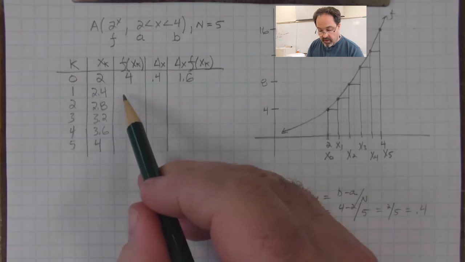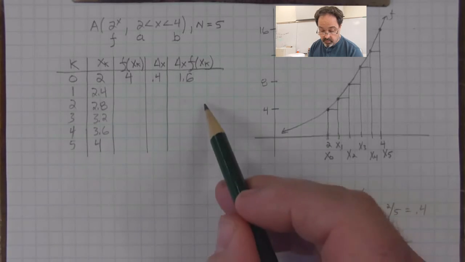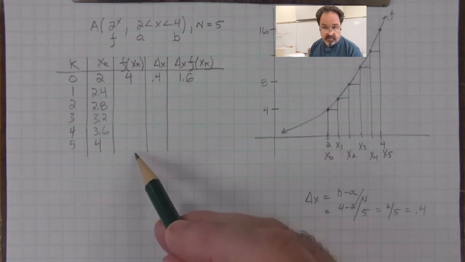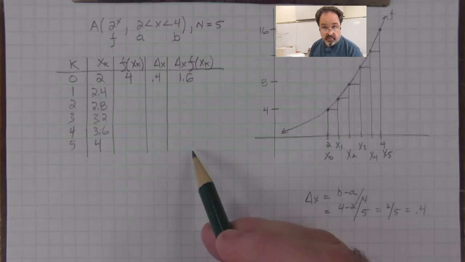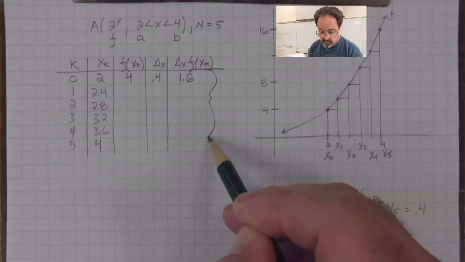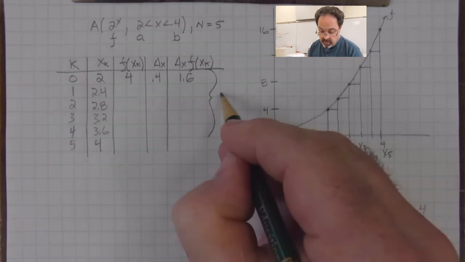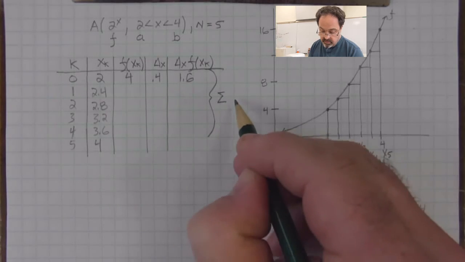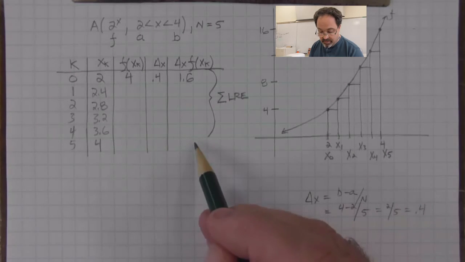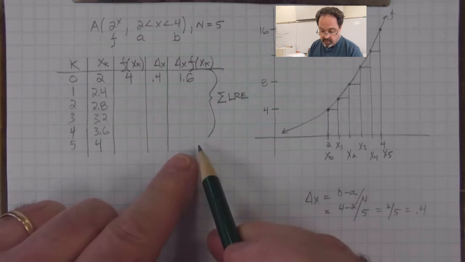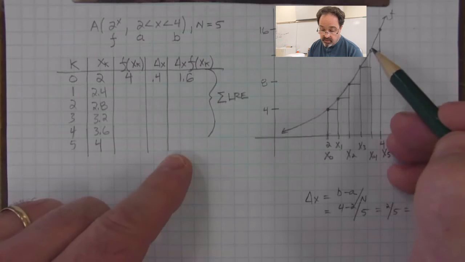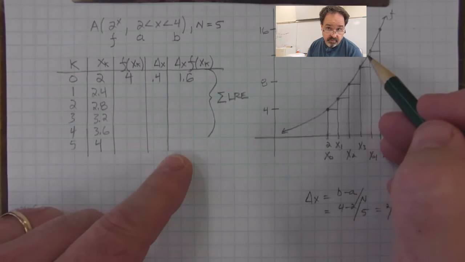Now, I could go and complete this table and fill in all of the possible rectangle heights and all of their areas. And if I did, I would be adding the first 5 in this table that includes 6 rectangles, and I would add them together to produce the left rectangle estimate. This last rectangle is the rectangle that we would use as the last rectangle in a right rectangle estimate.